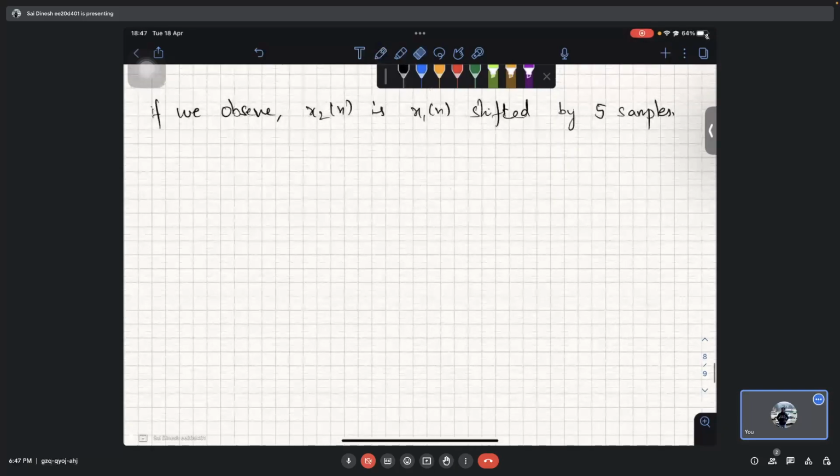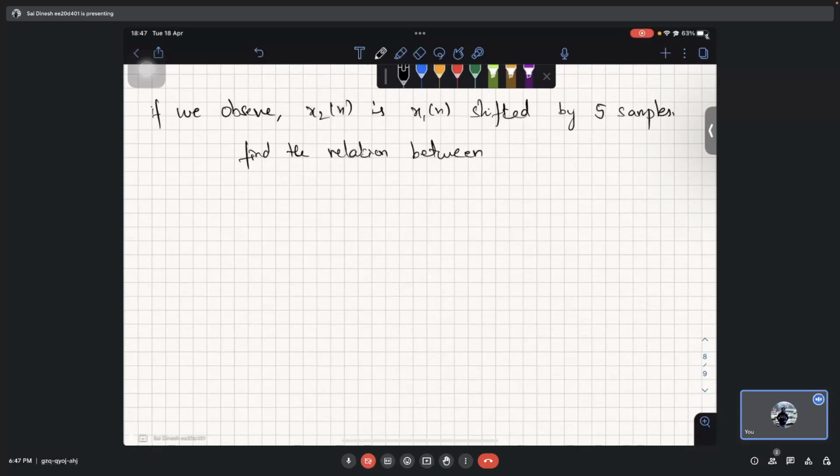So find the relation between x1 of k and x2 of k. Refer to properties.